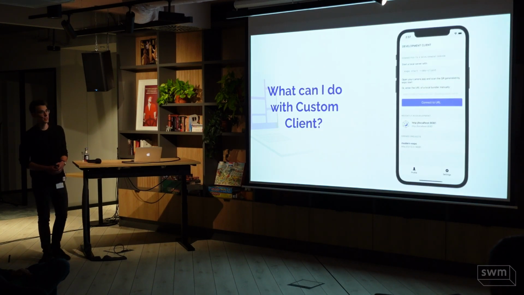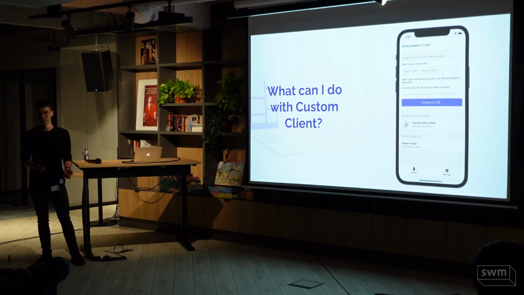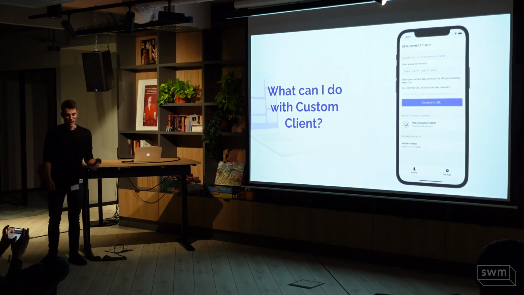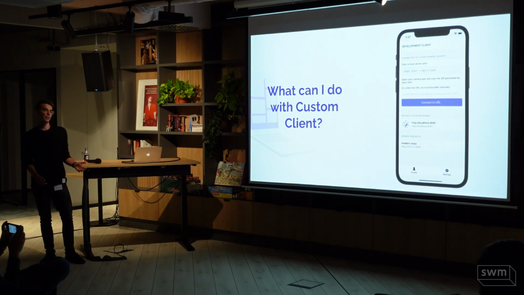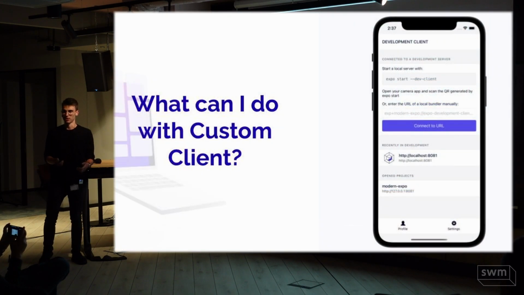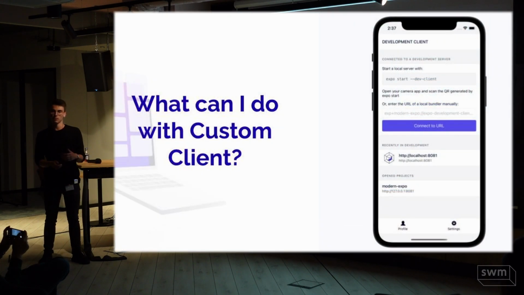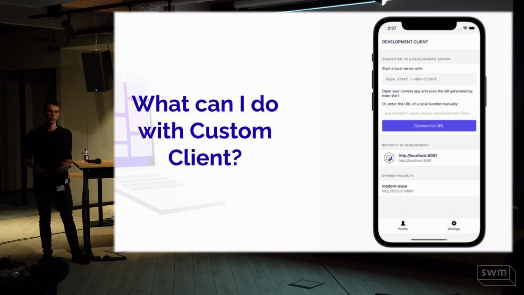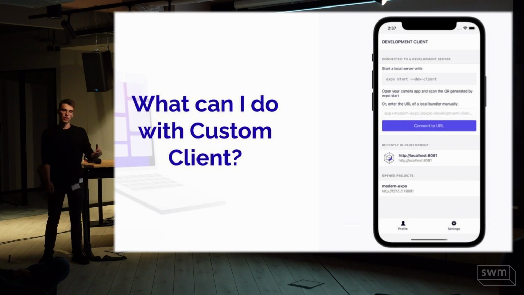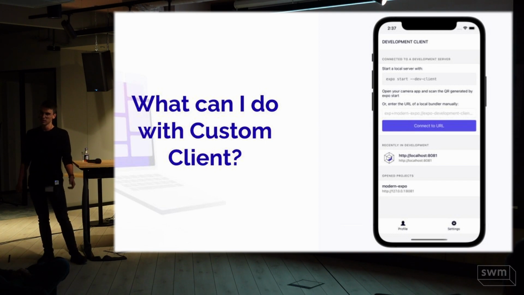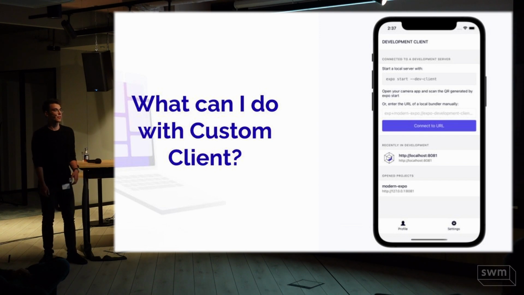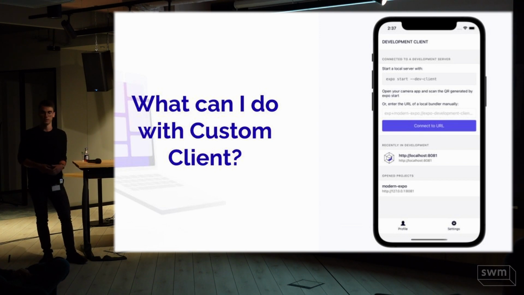Okay, but what can I do with a custom development client? As I said, it is a replacement for Expo Go. Therefore, it has almost all the features known from Expo Go. You will continue deploying your app using Expo CLI and starting it by scanning a QR code or selecting it from the list of recent active projects.